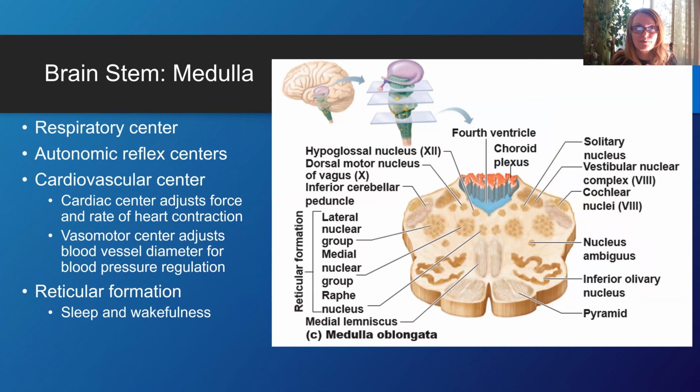It will send signals to your heart to increase or decrease heart rate. All right, and the respiratory center as well. So you can see again what we have: gray matter, white matter. We continue seeing this reticular formation, that is your sleep and wakefulness center, right?